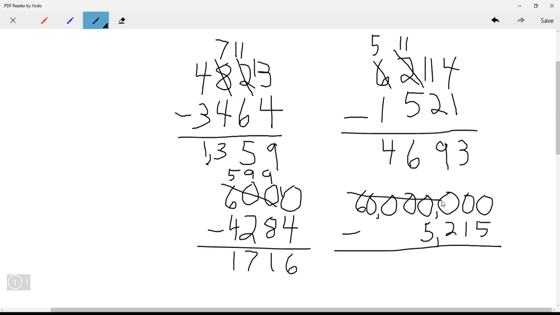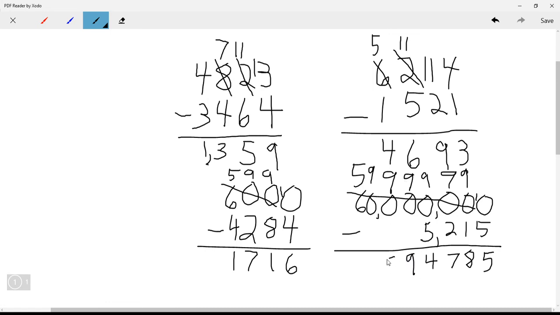So we're going to cross out this, and we're making this a 5, and then every 0 after becomes a 9. And then 10 minus 5 is 5, 9 minus 1 is 8, 9 minus 2 is 7, 9 minus 5 is 4, and then we basically just have any number that's like this that's just blank, it's a 0, so we're just subtracting 0, so it just stays the same.